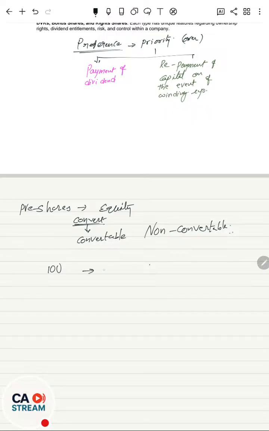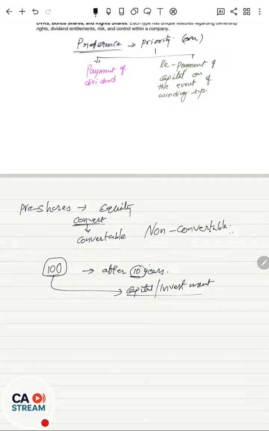The company promised redemption after 10 years. That means for these 10 years, he will get the promised dividend on this investment of 100 rupees. After expiry of the 10 years, he will get back his capital, whatever his investment is in the company.